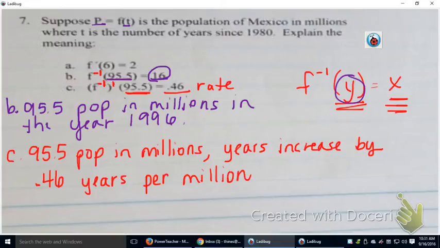Because normally you would say the population's increasing by millions per year. Well, every word that's an x changes to a y, and every y changes to an x. So we're saying that it's going to take 0.46 years to make this population increase another million. And the way I just said that, if you'd rather say it that way instead of this way, that's okay. This is just more of the standard way so that you could get your x's and y's in order.